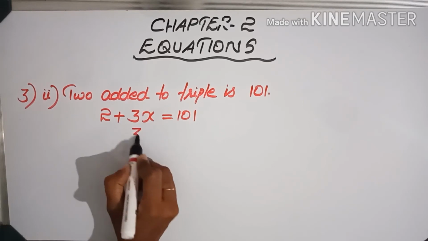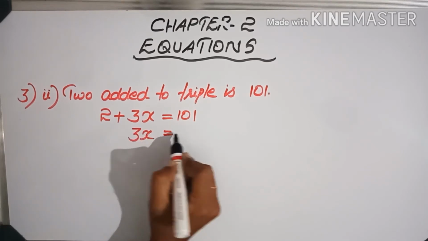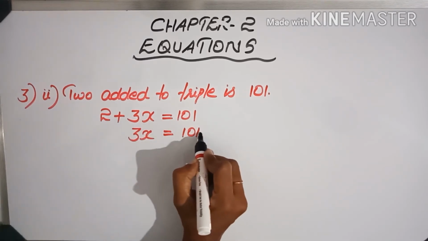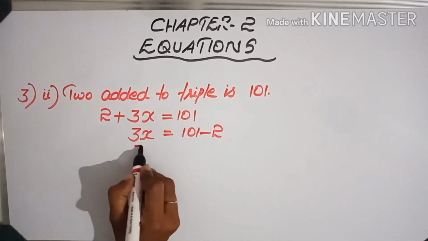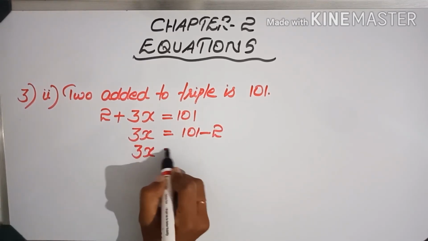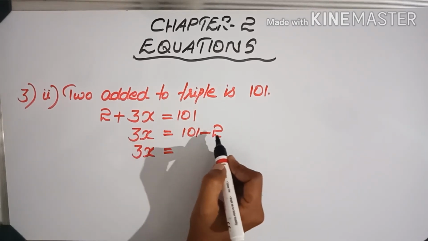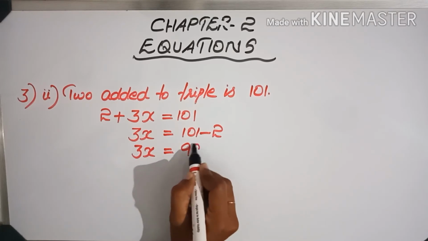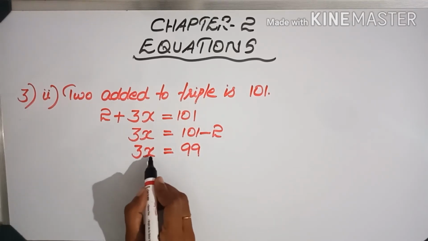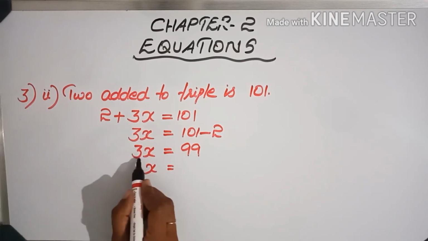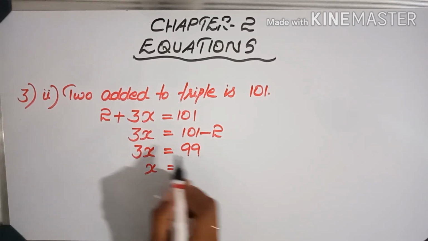First keep 3x here equal to 101. Here 2 is a plus number. Come to this side, minus 2. So here we will get 3x equal to 101 minus 2, that is 99. Okay, now keep x here. Then take this into 3 to this side. Into 3 here, come to this side, it will be divide.